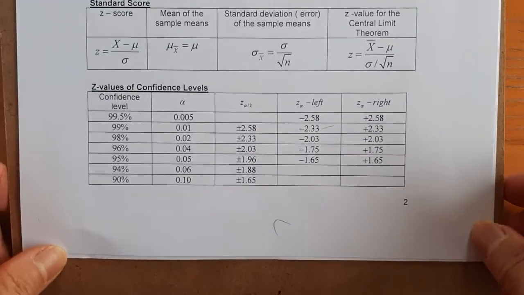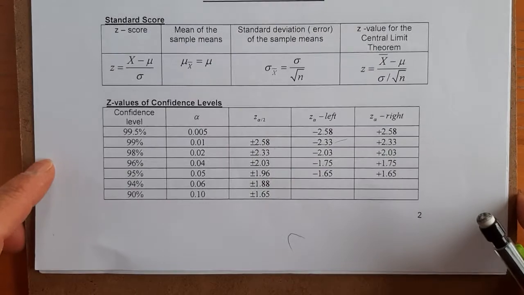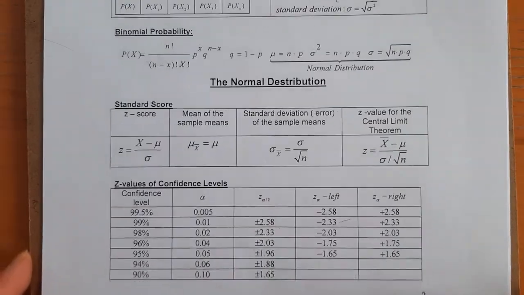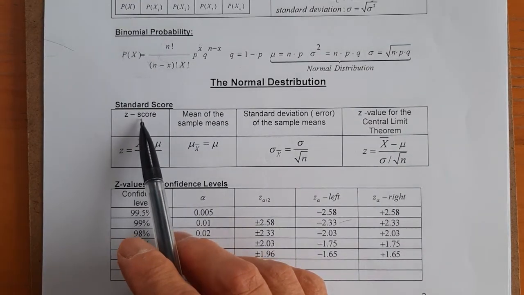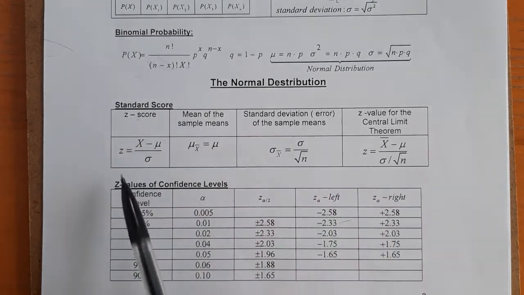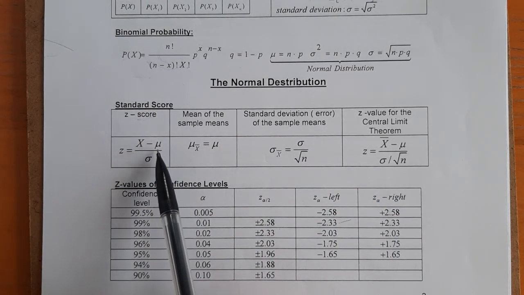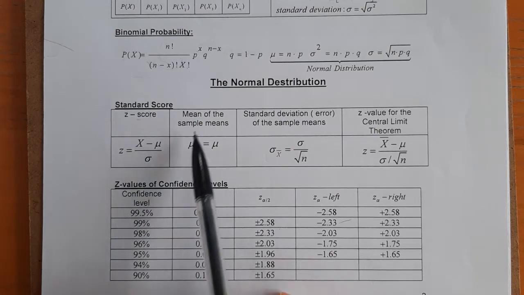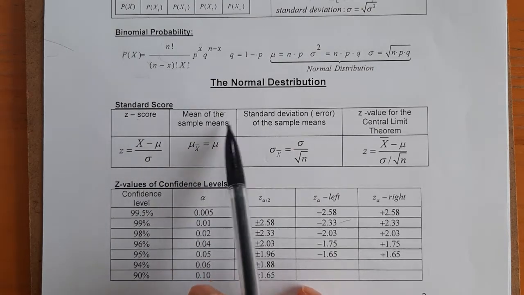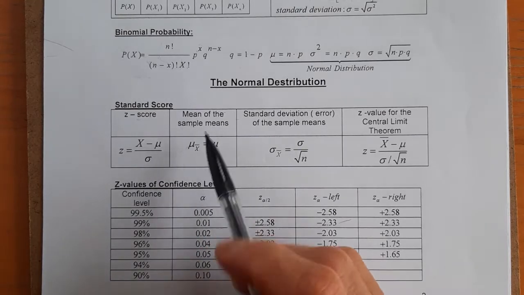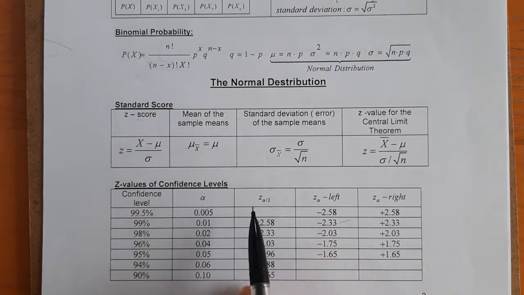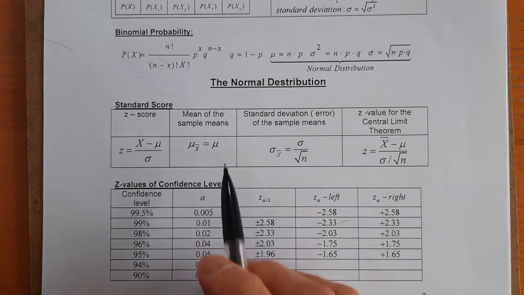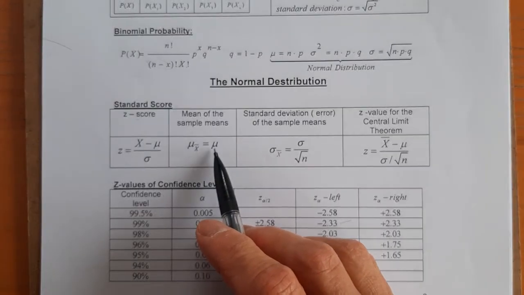Here you can also see on your formula sheet the normal distribution z-score formula: z equals x minus mean over standard deviation. This is x bar, which means the sample mean. The mean of the sample mean is the same as the population mean.